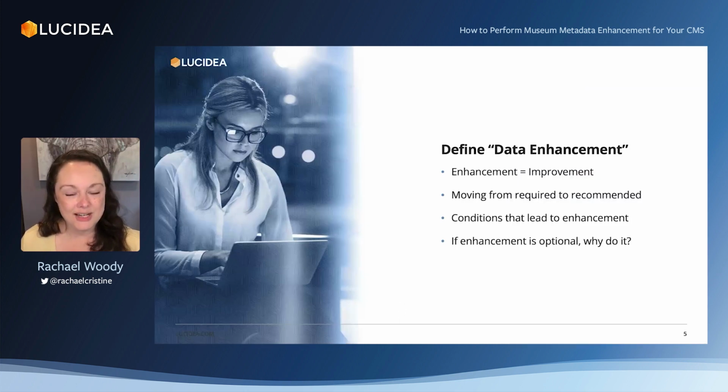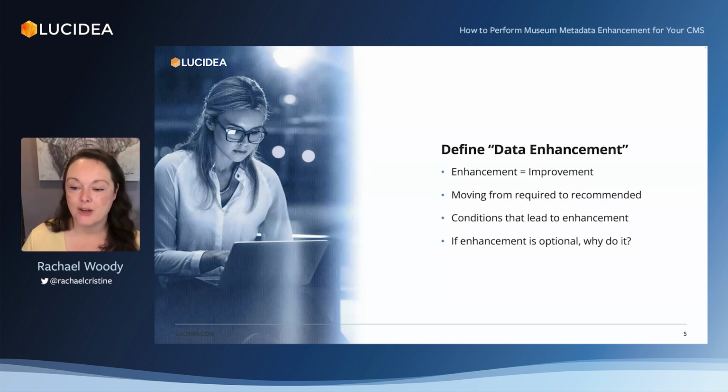So to define data enhancement, in this case, we definitely use the definition of enhancement equals improvement. And for our work specifically, since we have best practices that indicate which fields and which information are required and which are recommended, this allows for a scale or a spectrum, if you will.